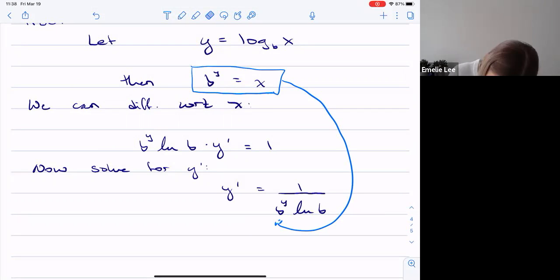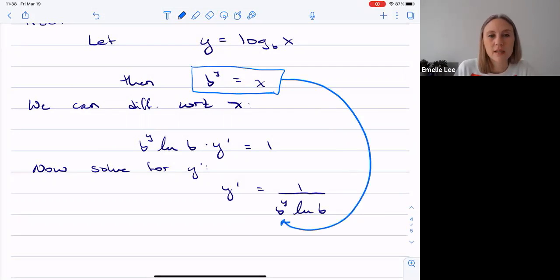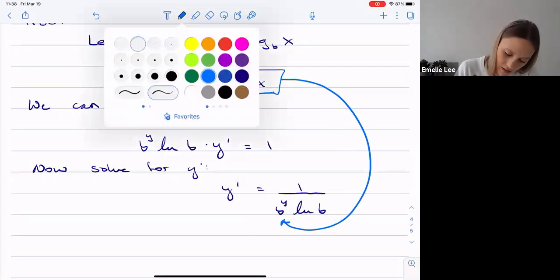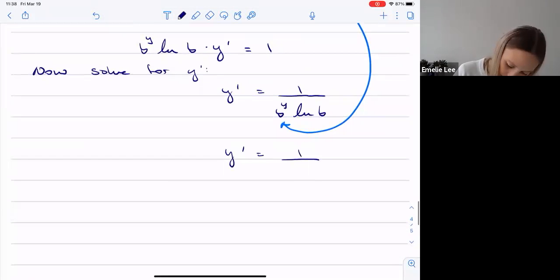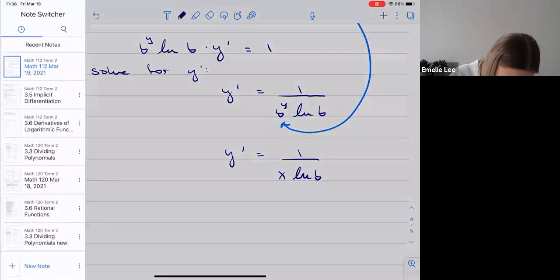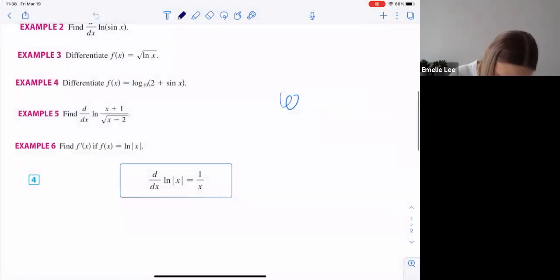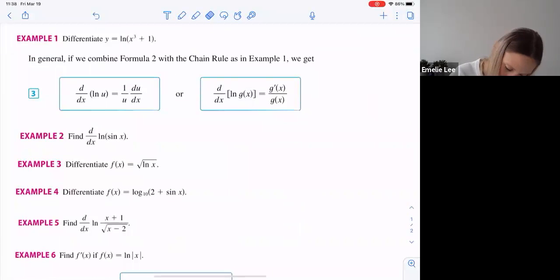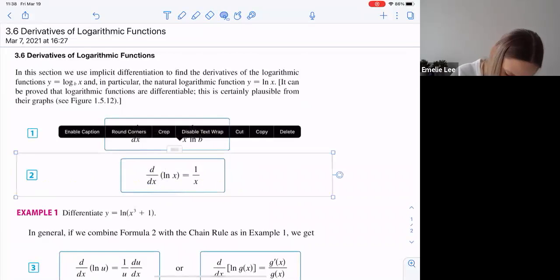So now I can replace that b to the y with just an x. So then y prime is 1 over x times the log of b. Which brings us to this one.